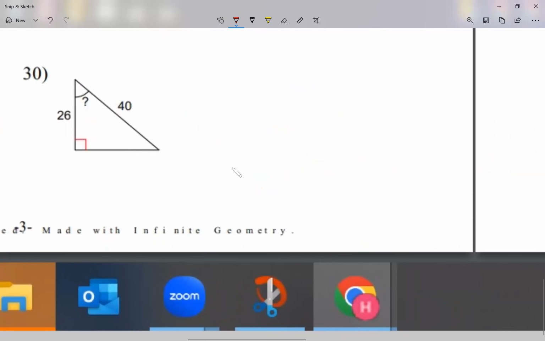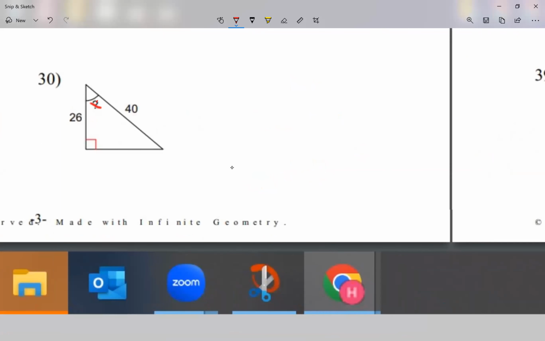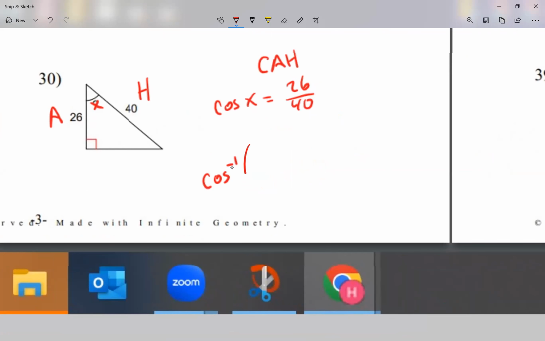Our last example here, the angle is x, because I don't know it. I have the hypotenuse and I have the adjacent. I remember the acronym CA, which stands for cosine of x equals 26 divided by 40. That means that cosine inverse of 26 over 40 is equal to x.